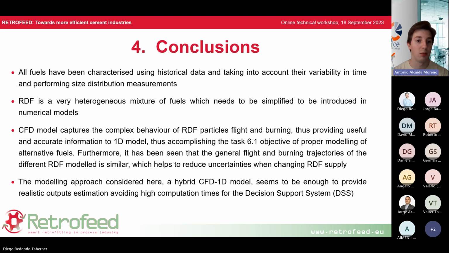Well, we can see that the modeling approach considered here, which is a hybrid between CFD and 1D, seems to provide realistic output estimations in a qualitative way and avoids very high computation times for the decision support system and for the operators working every day.